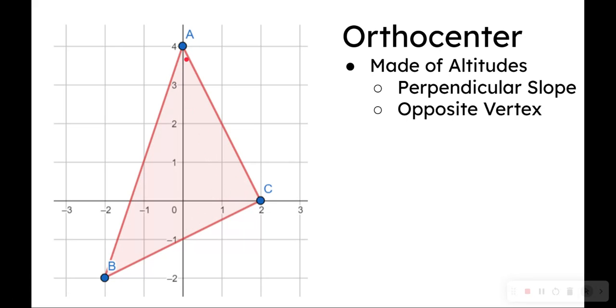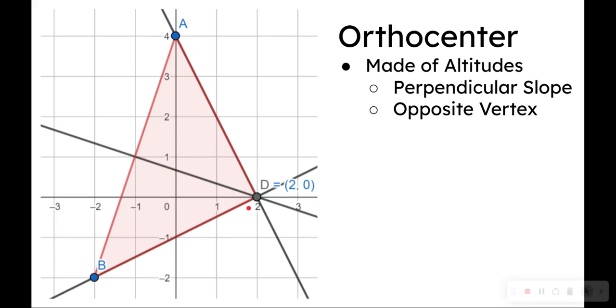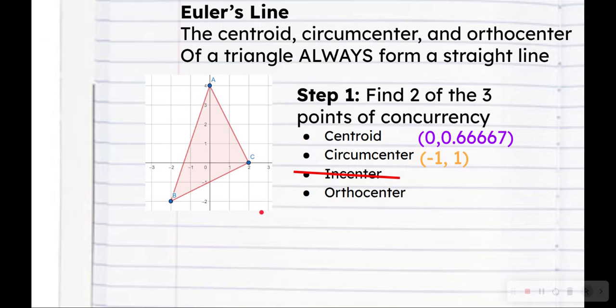You do that three times. These are my altitudes, and they meet right here at point C, which is (2, 0). Since this is a right triangle, the orthocenter is always at the right angle. But make sure you're showing your work. So those are actually two pretty points.